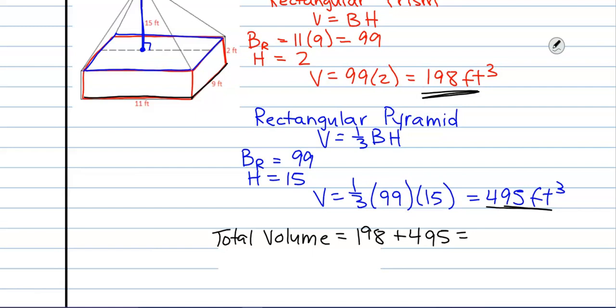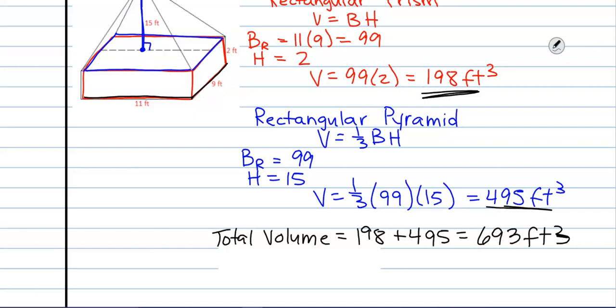Sorry, that's wrong. Hold on, 198 plus 495. I typed in 425. It's 693, and those are in cubic feet. All right, so that's it for that one.